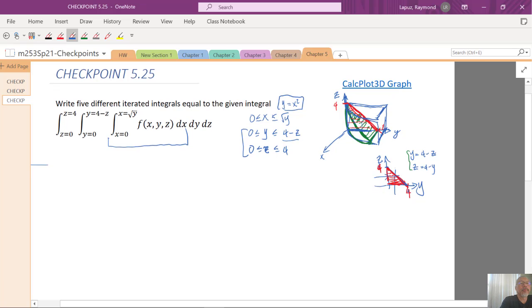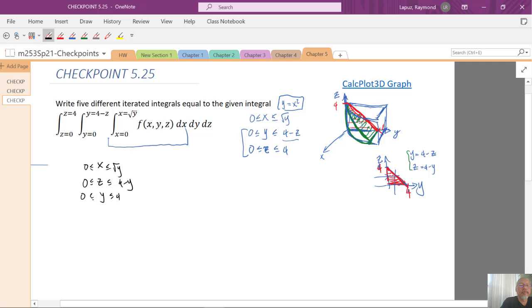So our second set of limits could be the same for x, going from 0 to square root of y, and then we'll change the z and the y. So z goes from 0 to 4 minus y, and y, constants, these are the last limits, goes from 0 to 4.